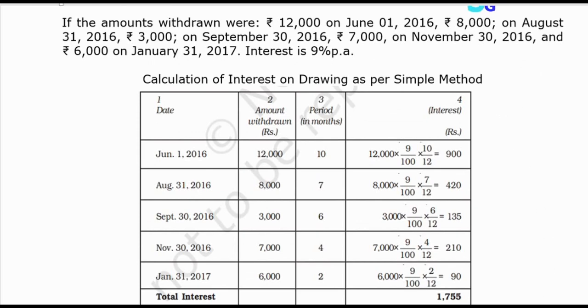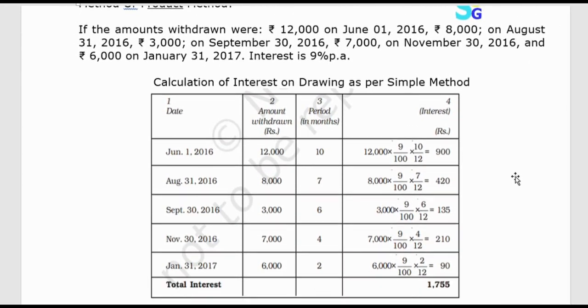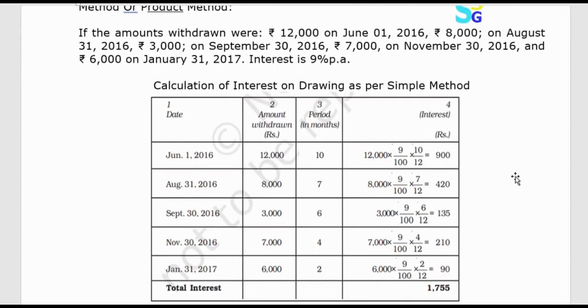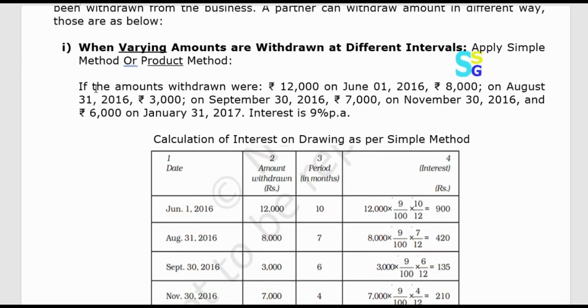Here, the question is, if the amounts withdrawn were rupees 12,000 on June 1, 2016, rupees 8,000 on August 31st, 2016, rupees 3,000 on September 30th, 2016, rupees 7,000 on November 30th, 2016, and rupees 6,000 on January 31st, 2017, and the interest rate is 9% per annum.